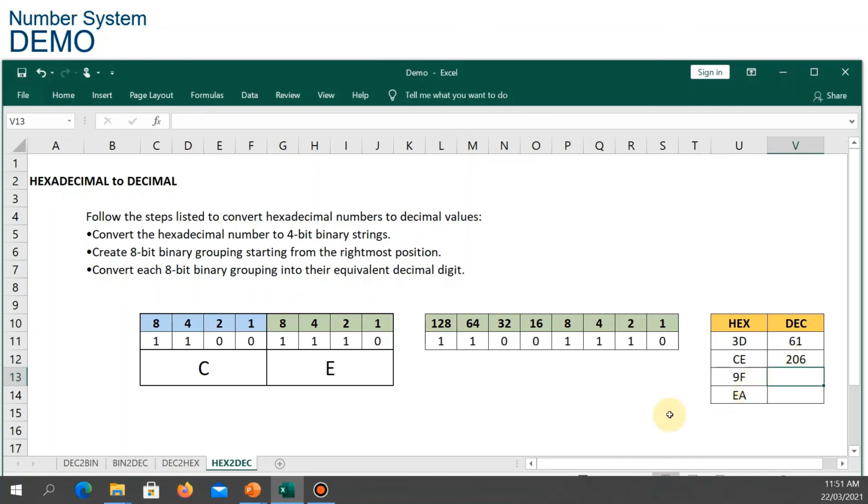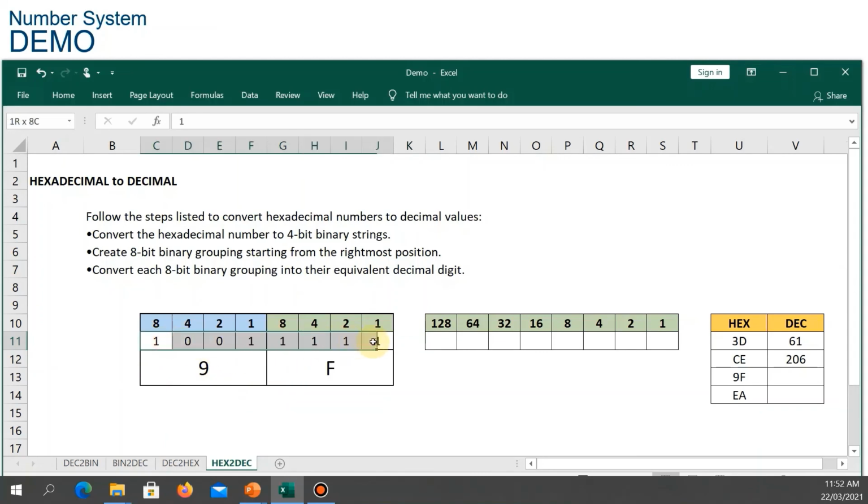Next, let's try 9F. What is the equivalent of 9F in decimal? So let's have 9 here and F here. 9 is 8 plus 1. That's 9, so therefore these are 0 here. F would be all ones. That's 15.